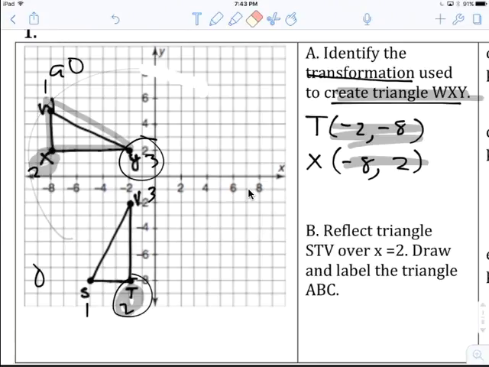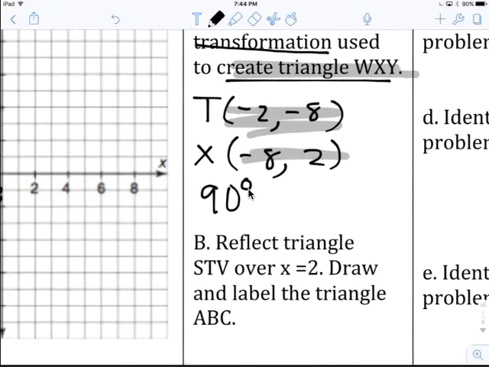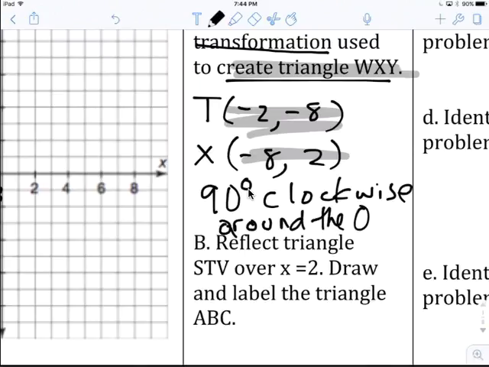So 90 degrees clockwise or 270 counterclockwise. Make sure if you do this on your test, erase it afterwards because you're going to do other things in there. This is 90 degrees clockwise around the origin. You need to put around the origin. Okay?